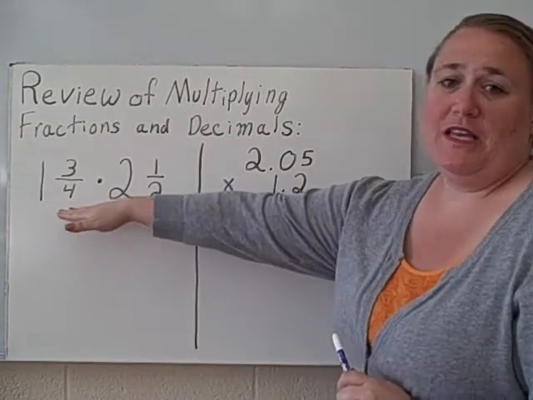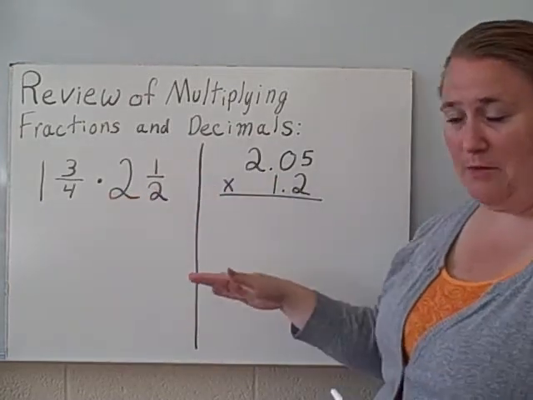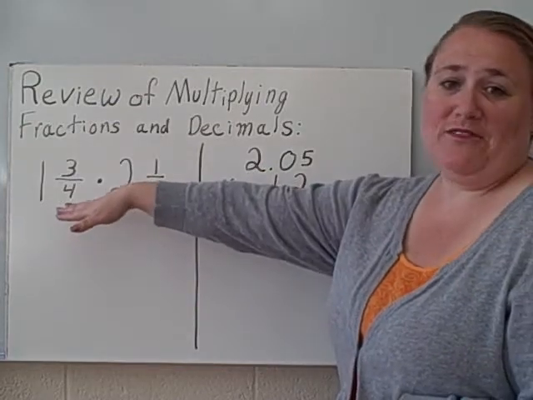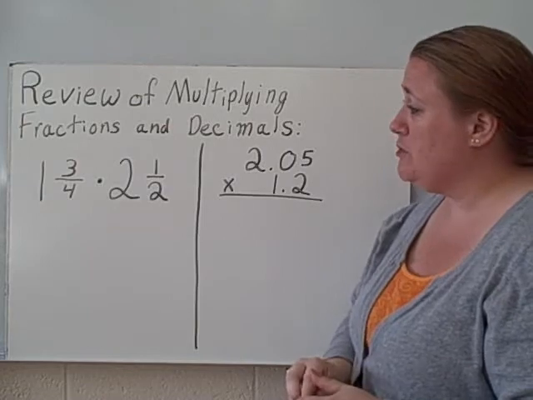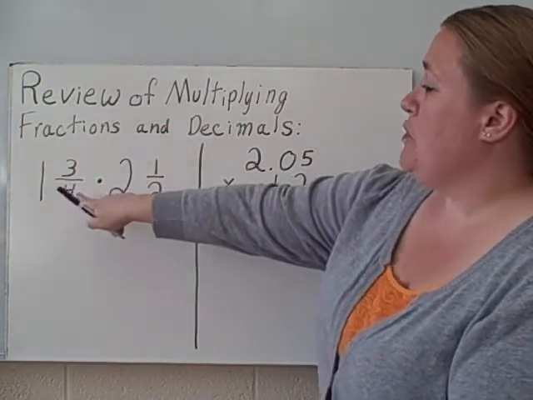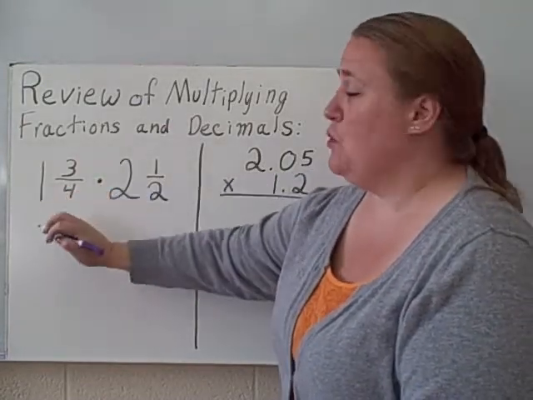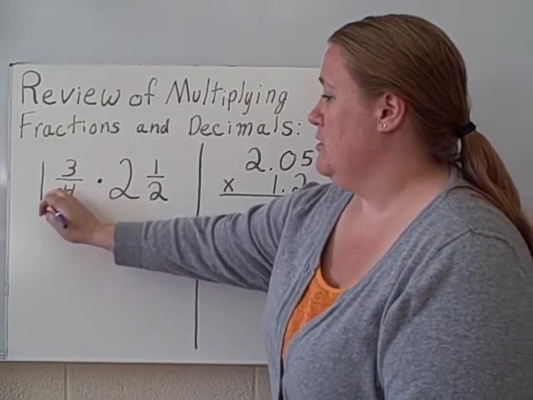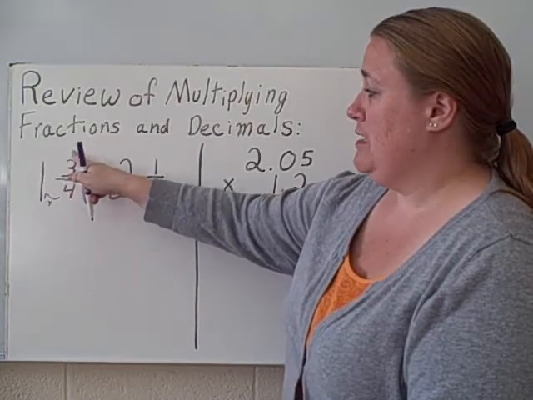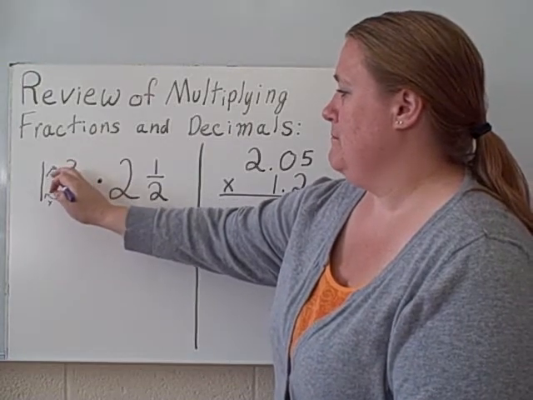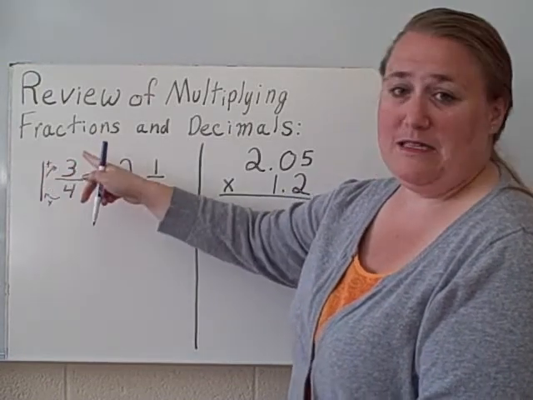So when we're looking at fractions and mixed numbers, remember we have to change mixed numbers into improper fractions before we can multiply them. So 4 times 1 is 4 plus 3 is 7.